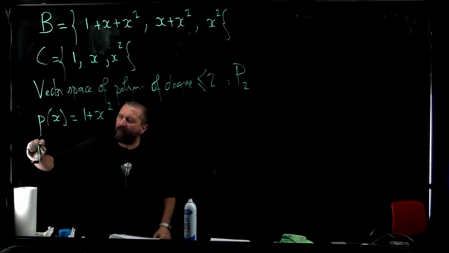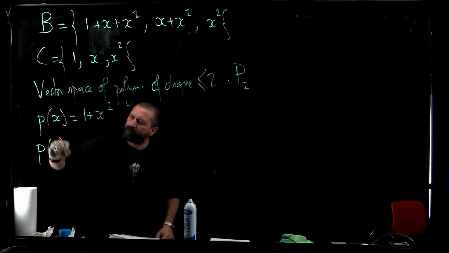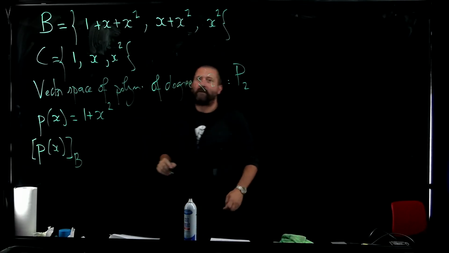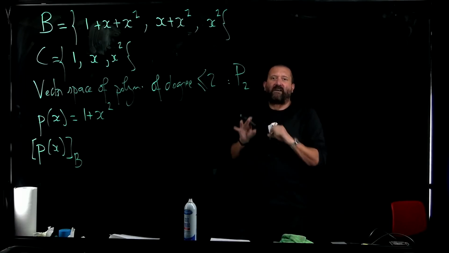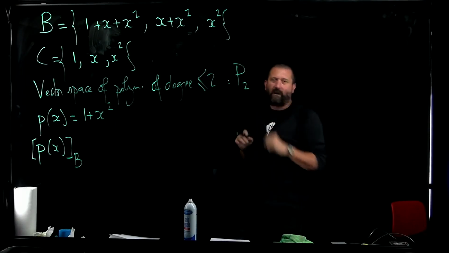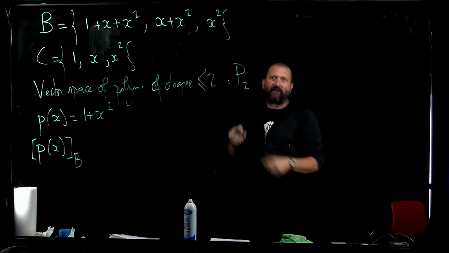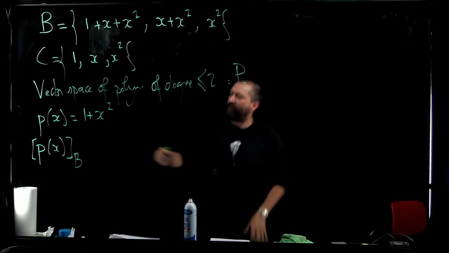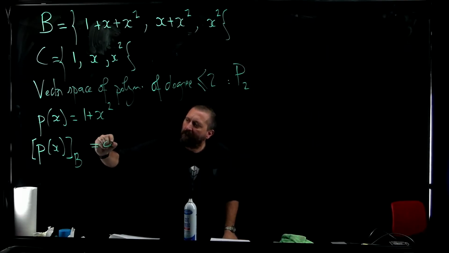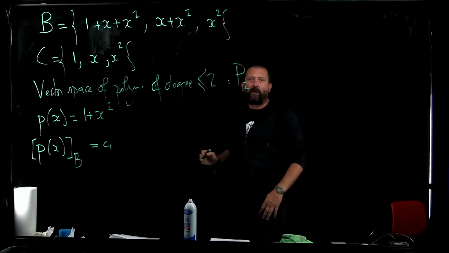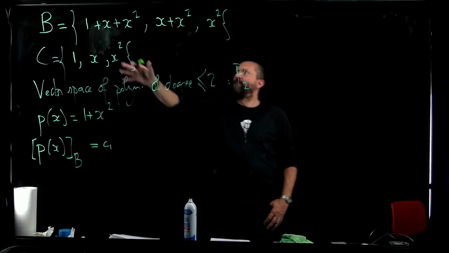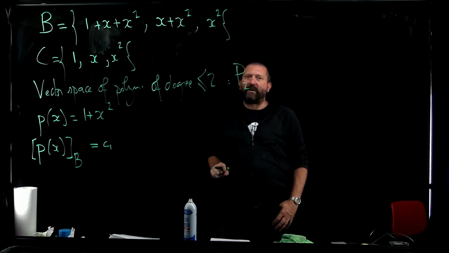So if I think of P of x in basis B, how am I going to express it as an element in this vector space with this basis? Well, I'm just going to write that it has to be C1 times this first element in the basis.